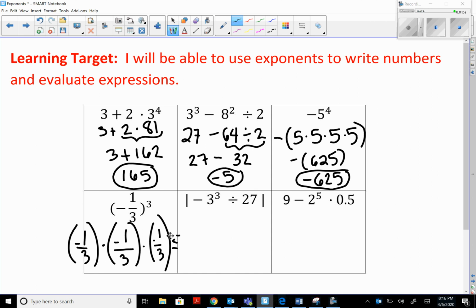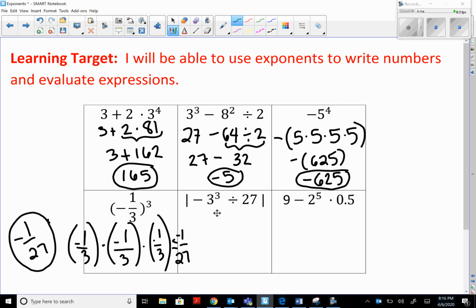Now I'm going to multiply the numerators of the fractions. 1 times 1 times 1 is just 1. Now I'm going to multiply the denominators. 3 times 3, which is 9, times 3 again, which is 27. So the answer is -1/27. And I'm writing it here because we were running out of room there.